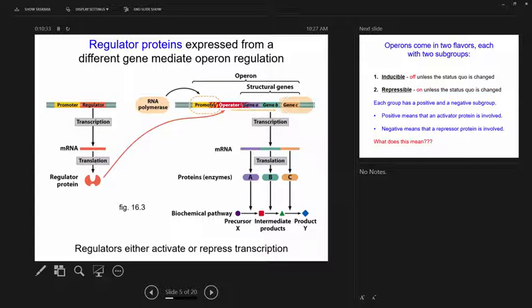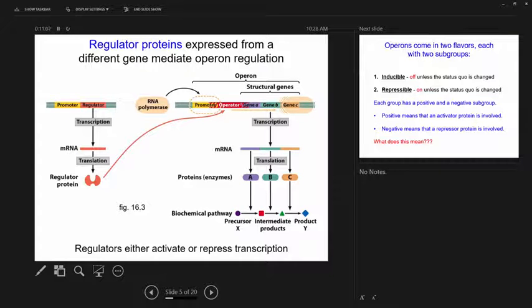So, in addition to the 5 subunits, 2 alphas, beta, beta prime, and omega that make the RNA polymerase core subunit, and also the sigma factor that helps that RNA polymerase find the -10 and -25 sequences, there are also regulator proteins.